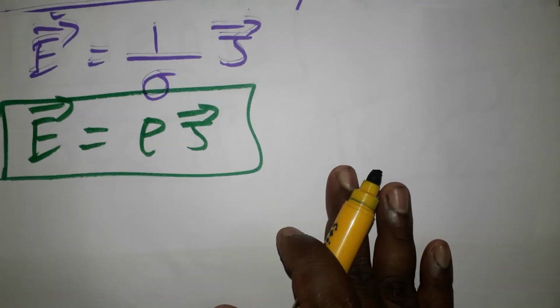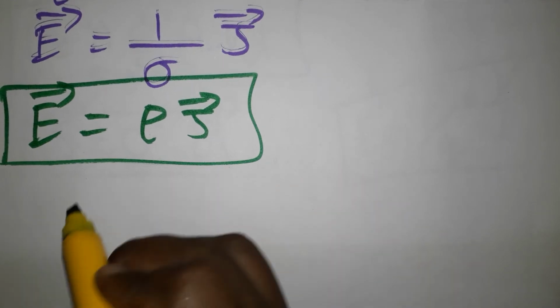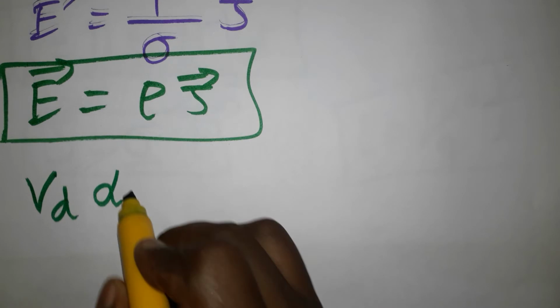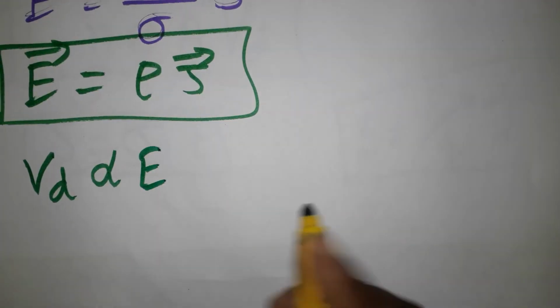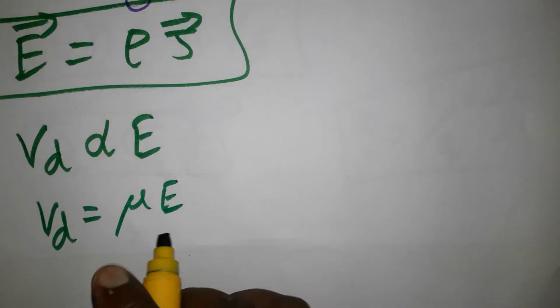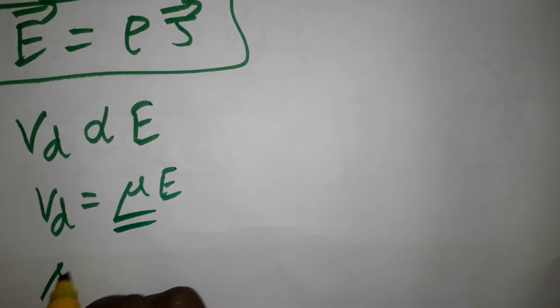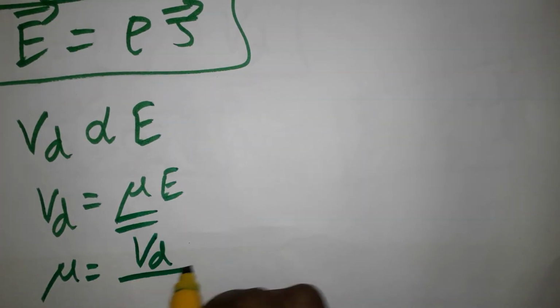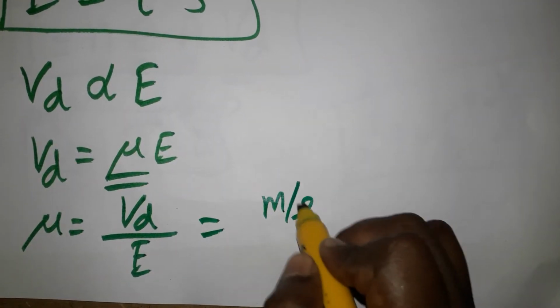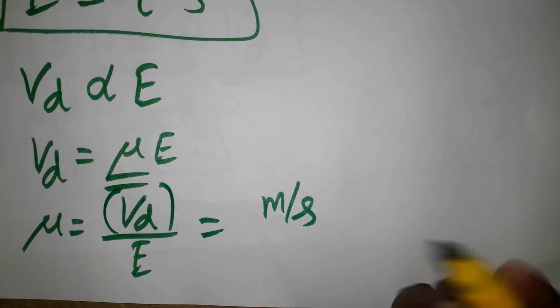The next thing is mobility. Drift velocity is directly proportional to the electric field. So with a constant, Vd is equal to mu times E. So mu is called mobility. So mu is equal to Vd divided by E. Vd unit will be meter per second, velocity is displacement by time.